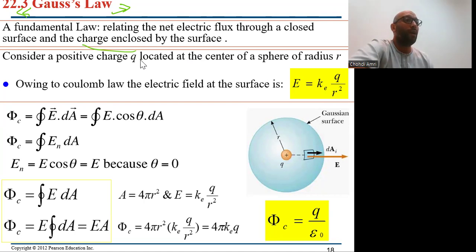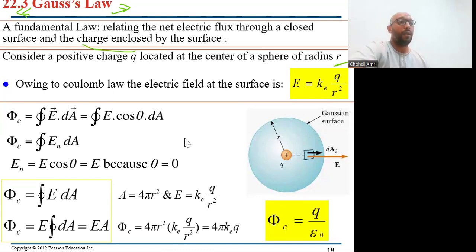We will take a positive charge Q located at the center of a sphere with radius R. Owing to Coulomb's law, the electric field at this surface is KQ over R squared.